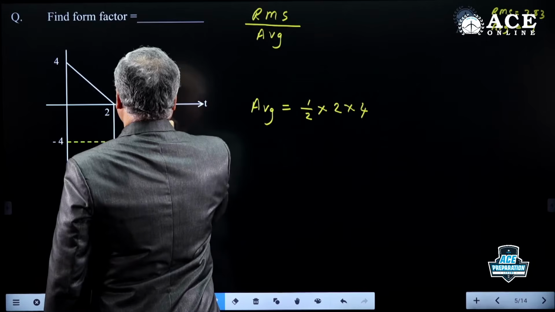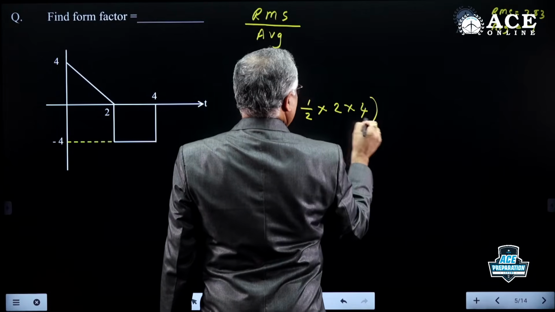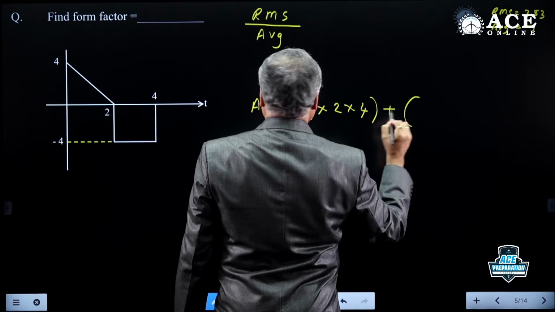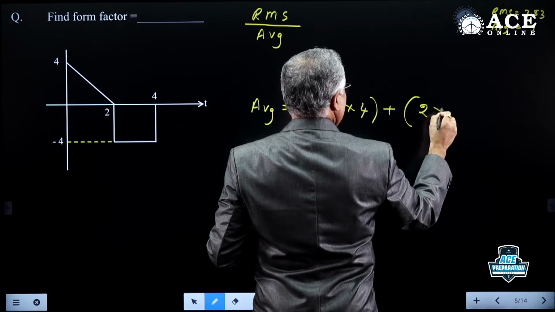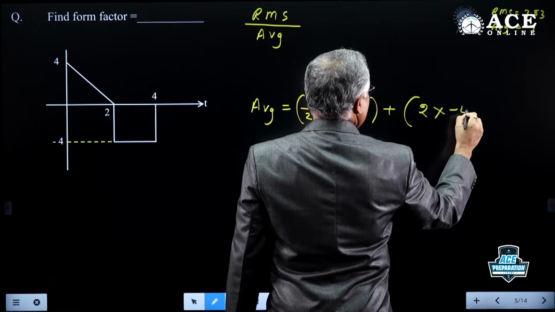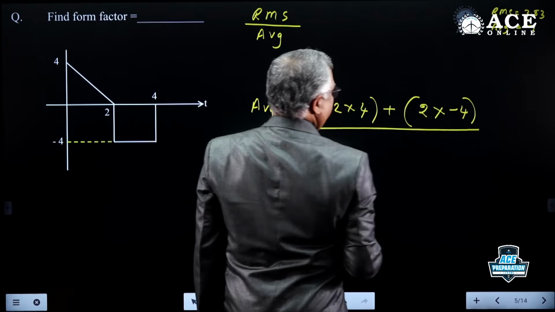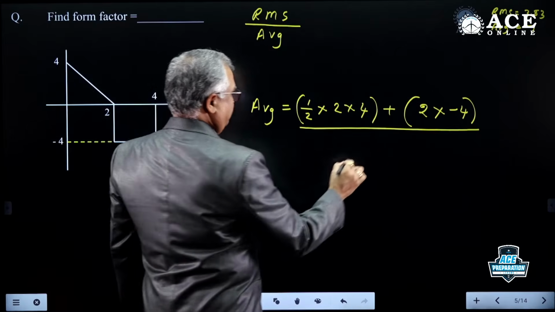This area, but this area with the negative sign. What is this gap? 4 minus 2 is 2. And this peak is negative, minus 4. This is total area divided by the total time period of 4.